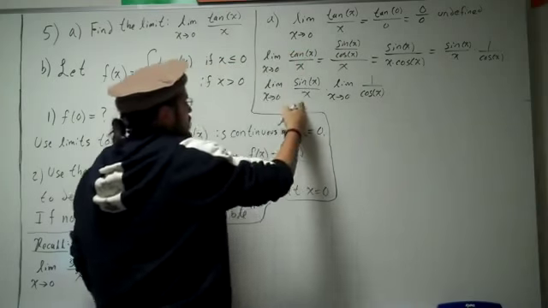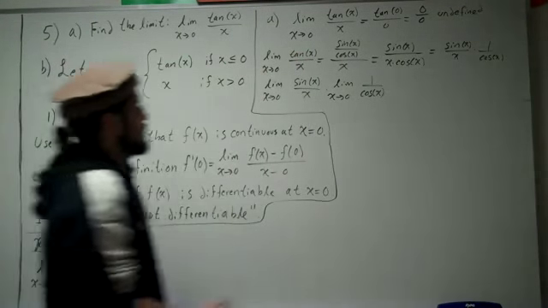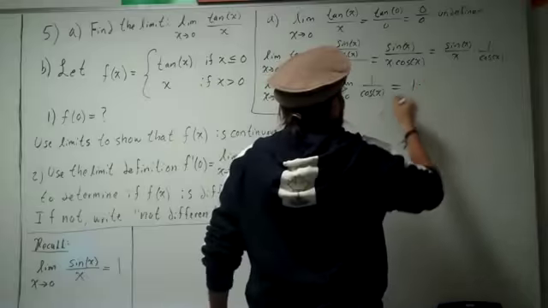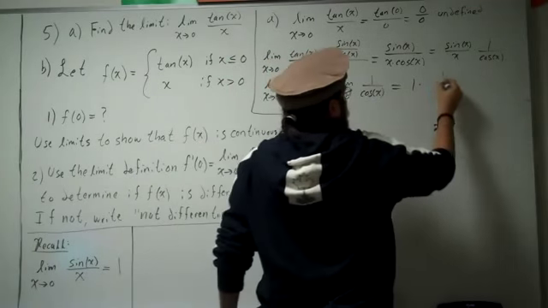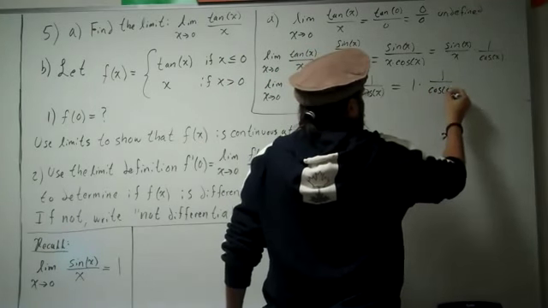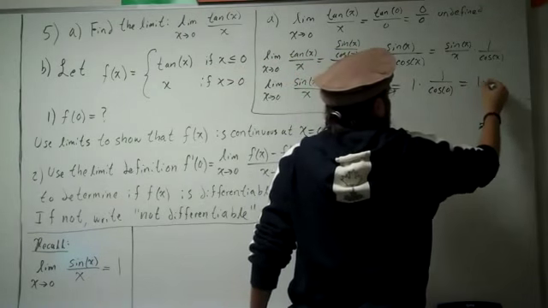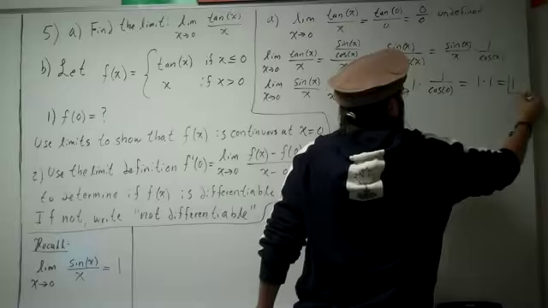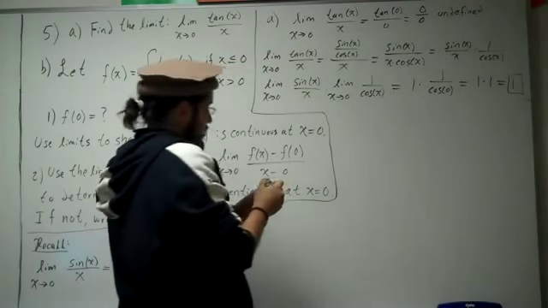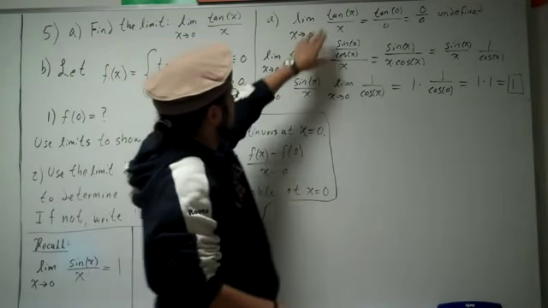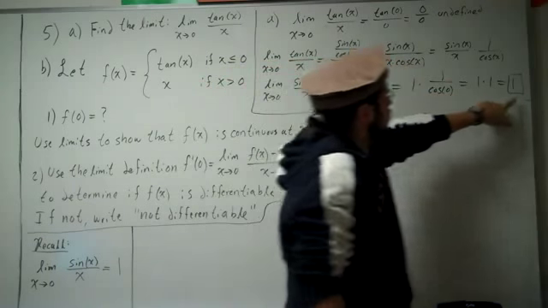We already know this is 1 according to this rule, so we have 1 times the limit of 1 over cosine of 0. Well, we know cosine of 0 is 1, therefore we have 1 times 1, and that's 1. Therefore, the limit as x approaches 0 of tangent of x divided by x is 1.